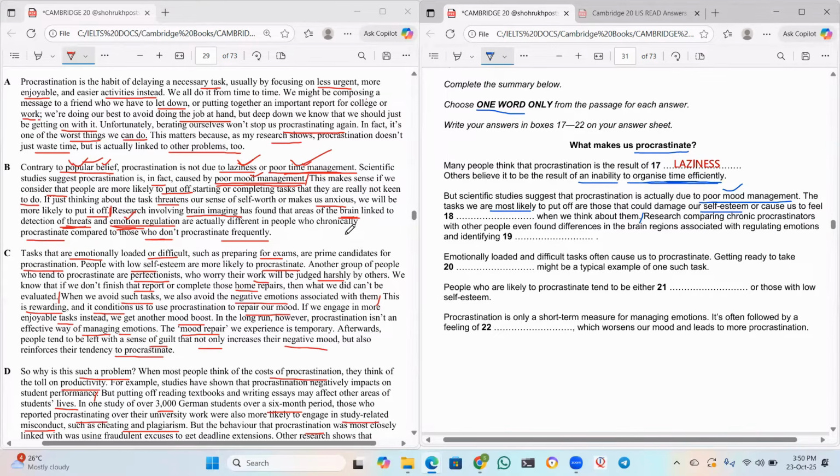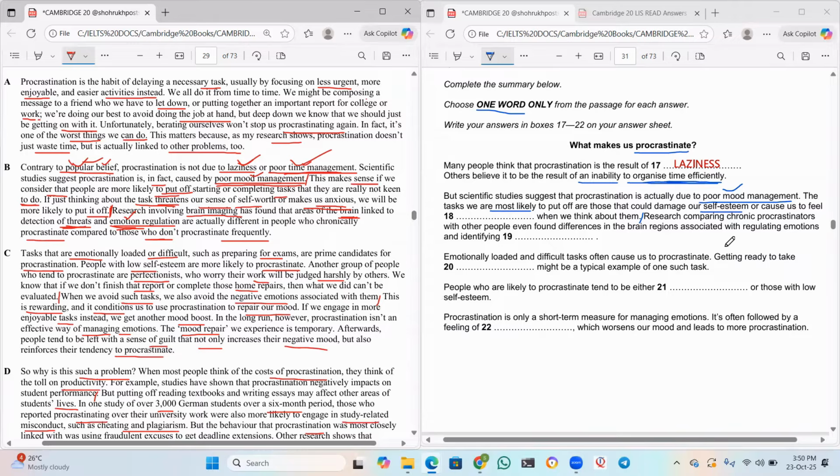So this makes sense if we consider that people are more likely to put off starting or completing tasks that they are really not keen to do. If just thinking about the task threatens our sense of self-worth or makes us anxious, we will be more likely to put it off. Yes, sir.